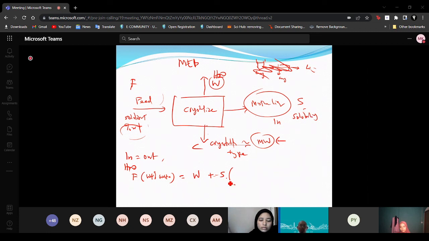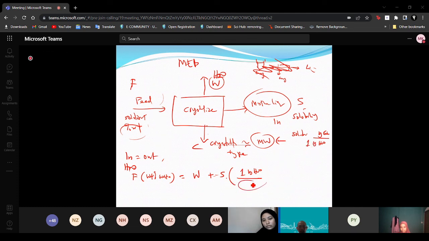And then when you want to know the mass of water, you need to know the solubility. Okay, solubility, what is the unit? Normally, say you have kilo of solute, kilo of crystal over kilo of water. So to get this water here, you need to know the mass of water. Kilo of water is basically 1 kilo here. If the unit is solubility, it is divided by 1 kilo.